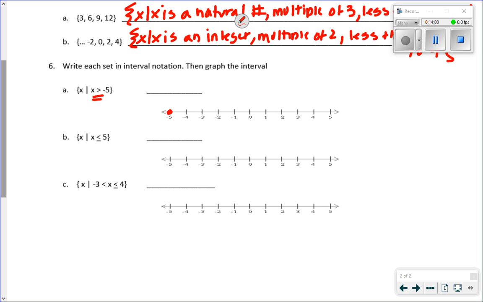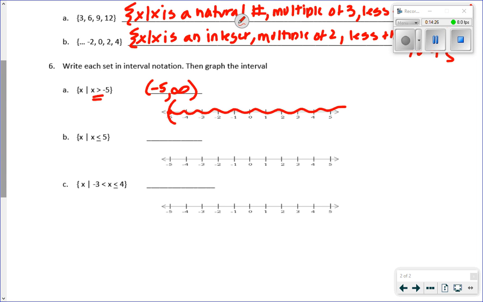And we're talking about all numbers that are bigger than -5, so it's going to face this direction. And then I'm going to shade. Okay, and then we're going to copy that up on this line. So it's going to be parenthesis -5, comma, and then it goes on forever in the positive infinity direction, and there's always a parenthesis around infinity. We never use brackets around infinity.